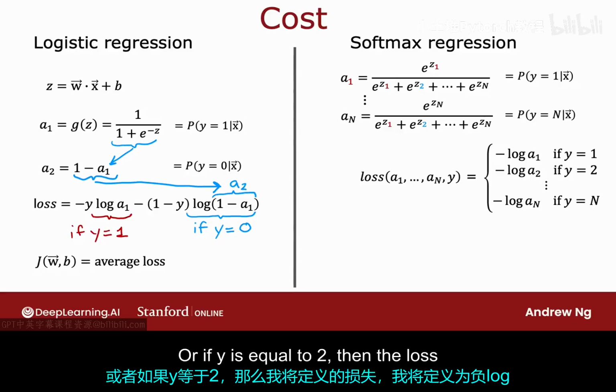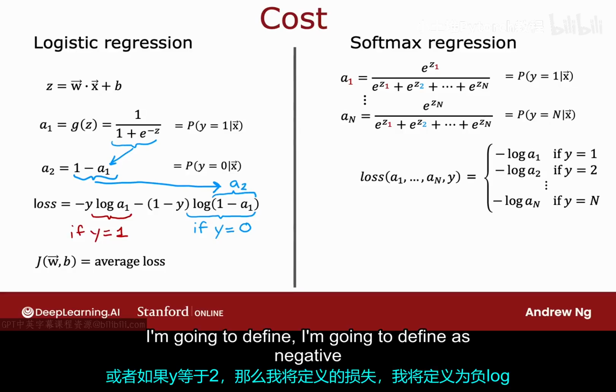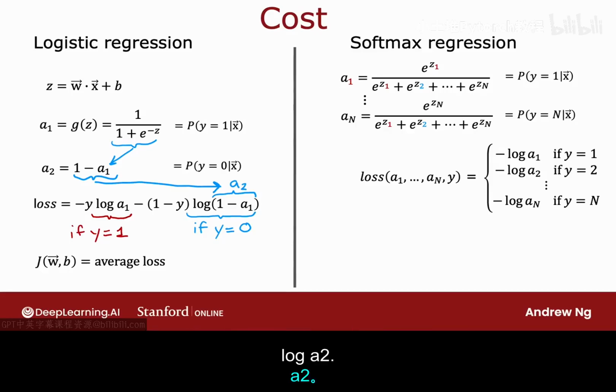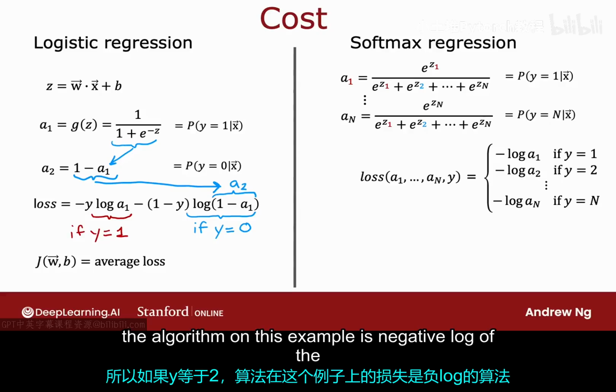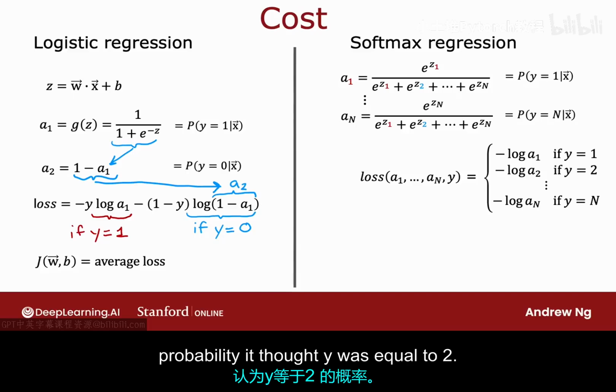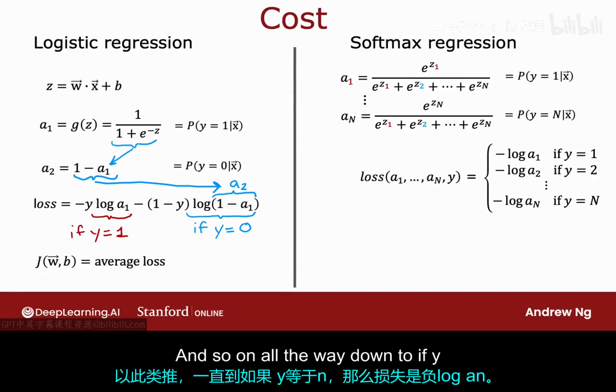If y is equal to 2, then the loss is negative log a2, the negative log of the probability it thought y was equal to 2. And so on, all the way down to if y is equal to n, then the loss is negative log of an.